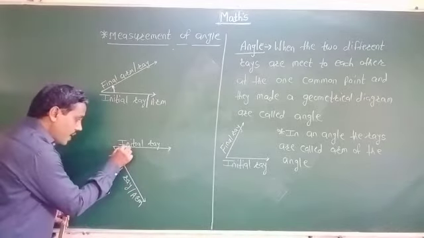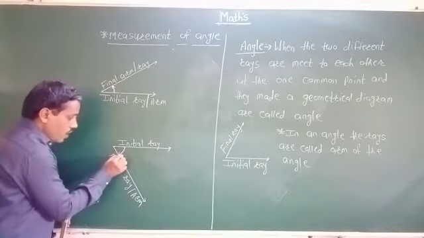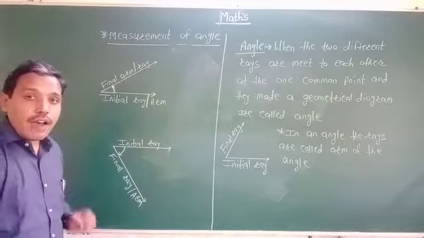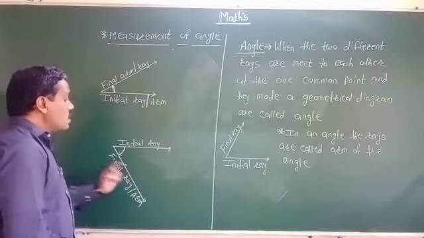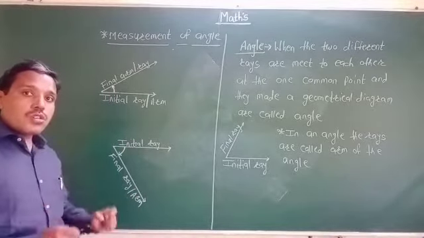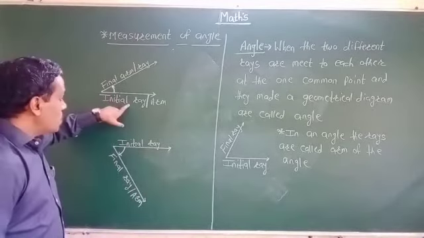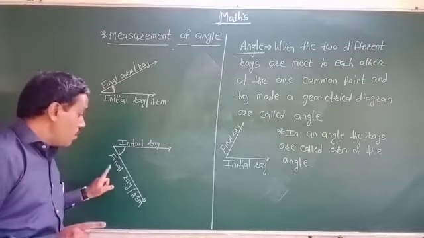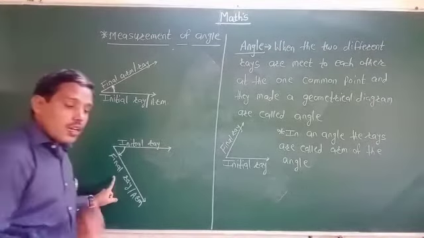So that deflection is also called the measurement of the angle. So in this way we can easily count how much the measurement of that angle is, and the measurement of that angle totally depends on the deflection of the initial ray, and then the position of the final arm or the final ray.